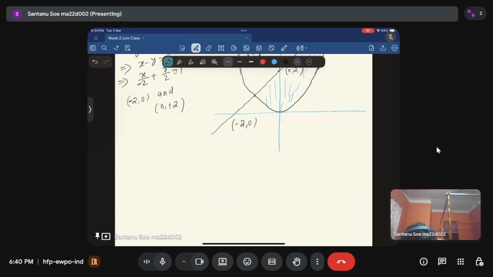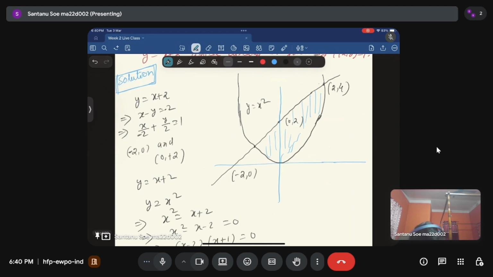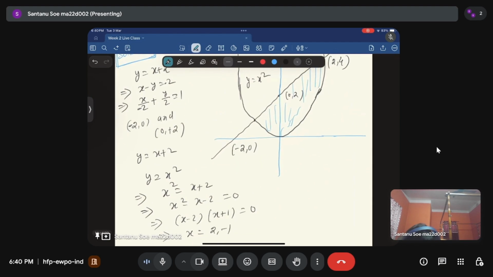Since y is x plus 2 and y equals x square, we can just put the value of y, which will be x plus 2, and this will imply x square minus x minus 2 is 0, and this will imply x minus 2 into x plus 1 is 0, and this will imply x equals 2 comma minus 1. So this point is going to be minus 1 comma 1.